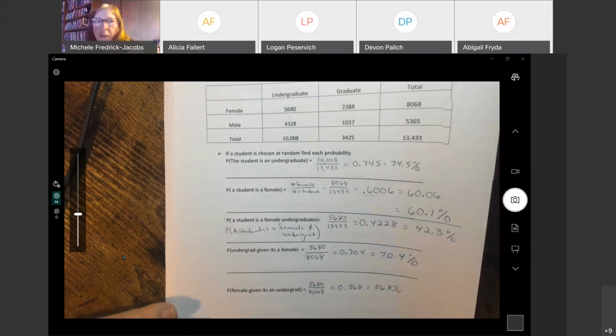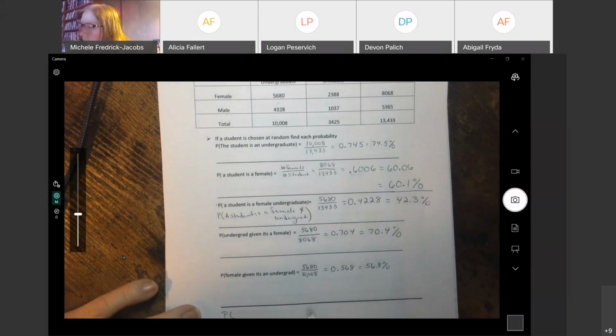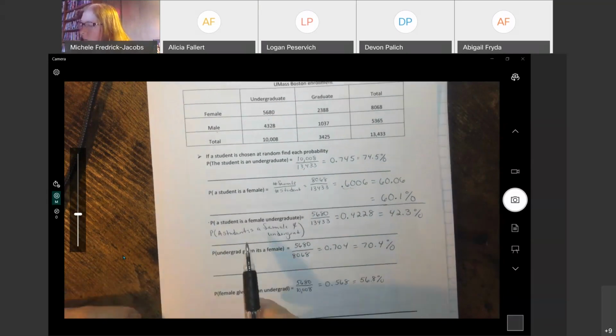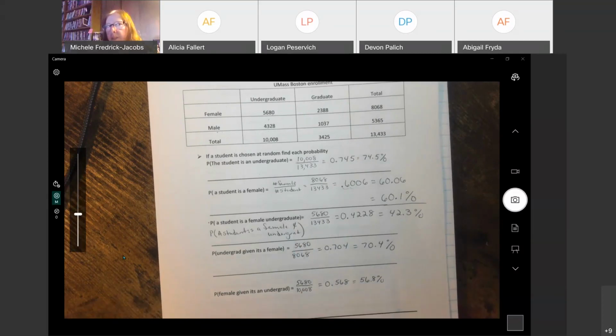One more I want to do on this one. We did female and undergraduate. When it's an or, that's a different probability, because and means it's both, or means it could be female, it could be undergraduate, or it could be both.